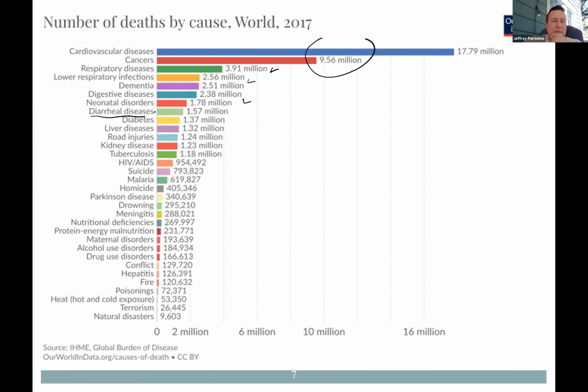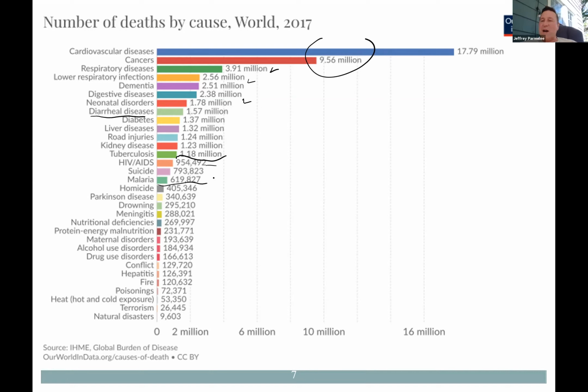And tuberculosis, again, other parts of the world, HIV, malaria. That's a good example. We had malaria in the US, so we got rid of the mosquitoes with DDT, which is another issue. But in parts of the world, malaria is a huge killer, spread by mosquitoes.